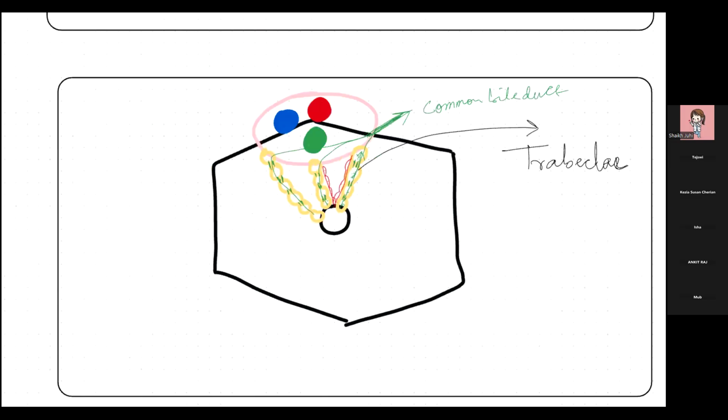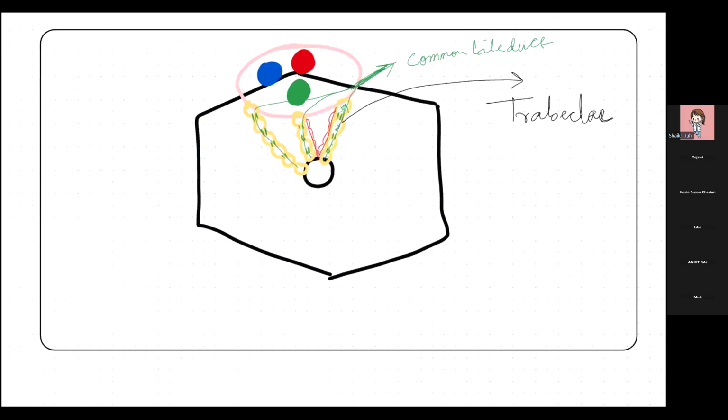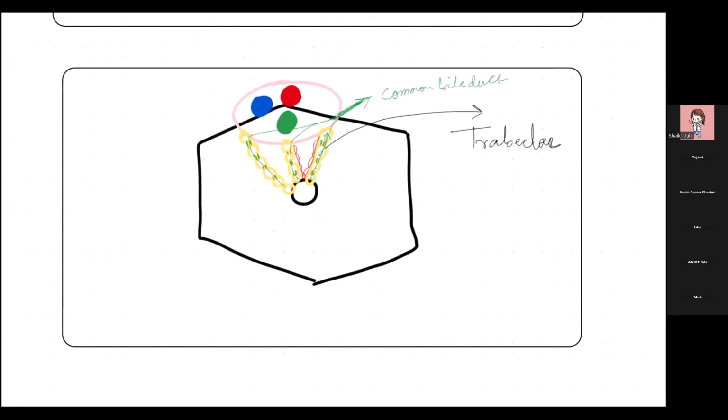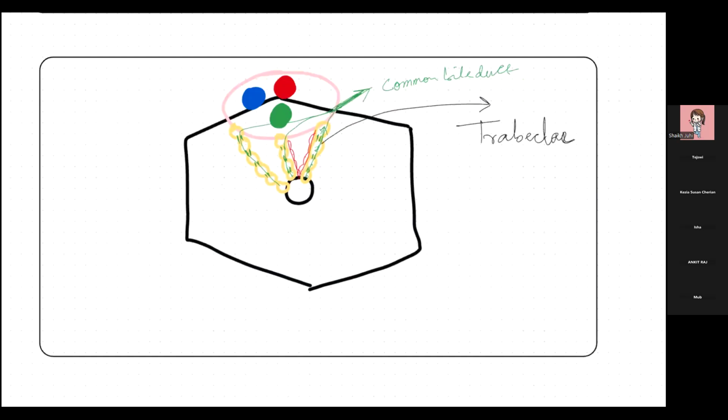Now we can go and see a detailed structure of this part.